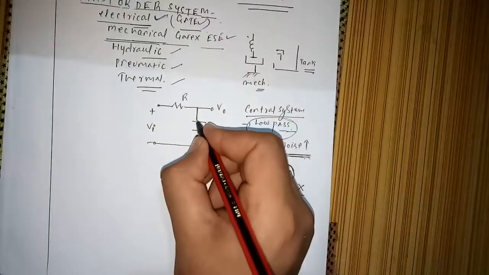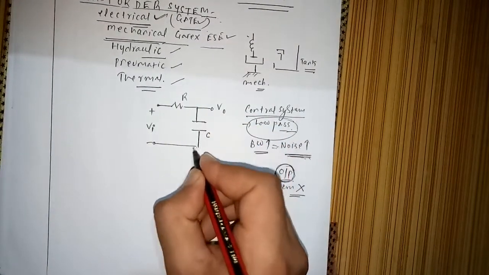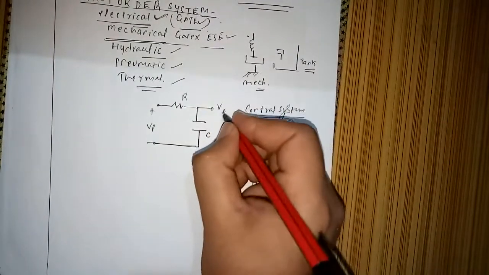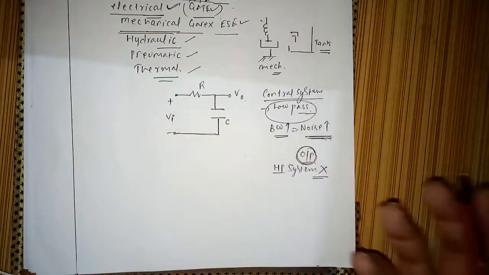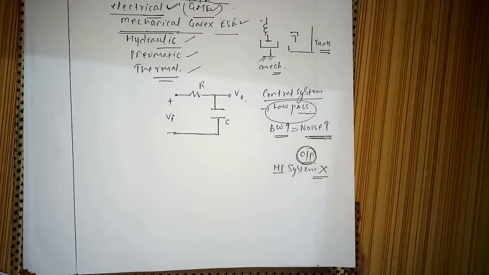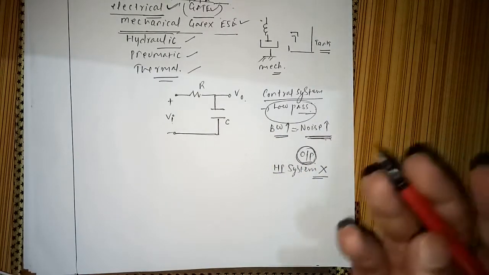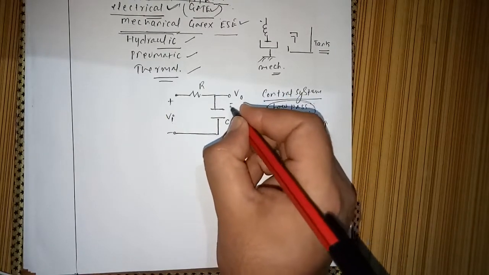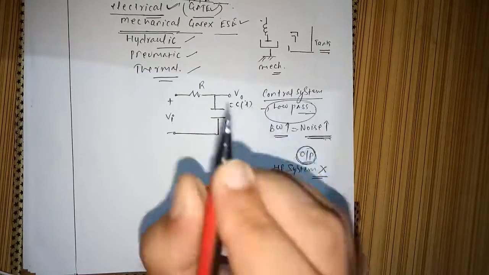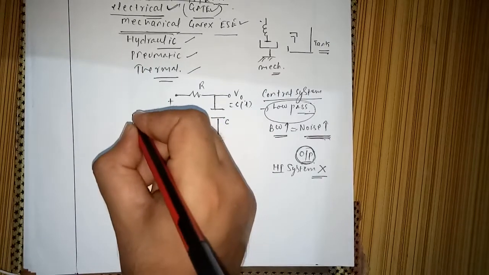So this is a very basic low pass filter, an RC filter, and this is output, this is input. Or in general terms, in our block diagram reduction and signal flow graph, we have used output as C(t) and input as R(t).